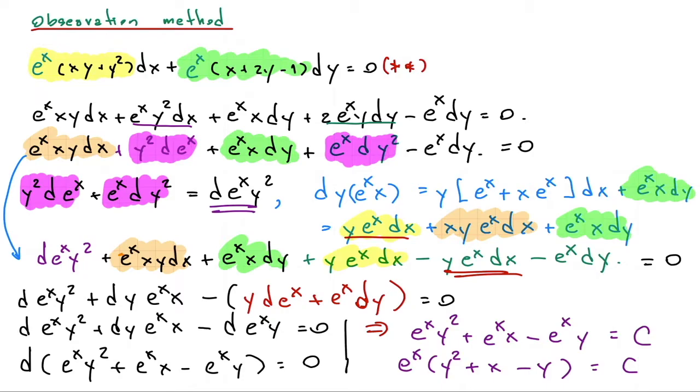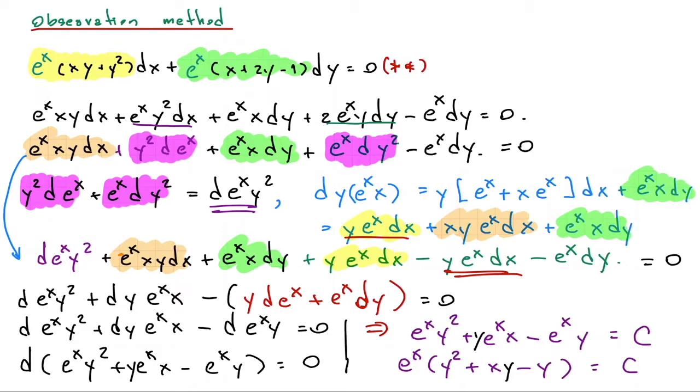Okay. Oh, guys, sorry, I forgot this y here. It's the y e to the x, right? And then I just dropped y. Sorry, I have y here, so I must have y here as well. Okay. Because I'm looking at it and it's not the same as in the previous page. Right?